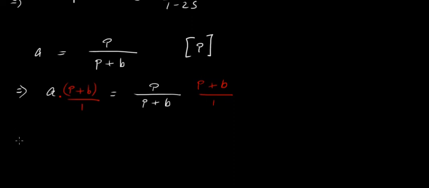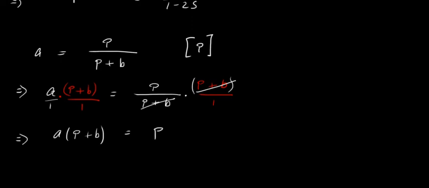So how will that help? Let's see. Well, on the left hand side I'll end up with a times p plus b, because remember this is just a over 1, so top by top, bottom by bottom. And on the right hand side, this p plus b is multiplied, so what I can do here is divide this p plus b into this p plus b here to give me 1.